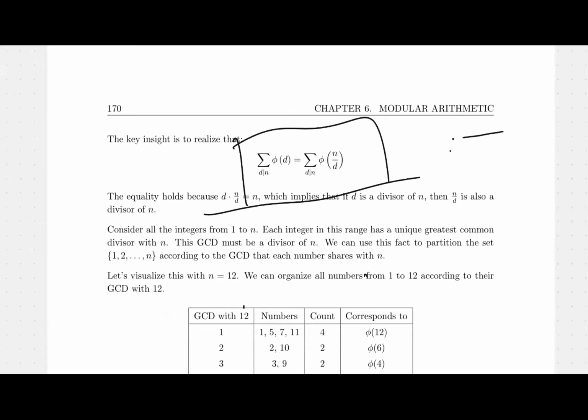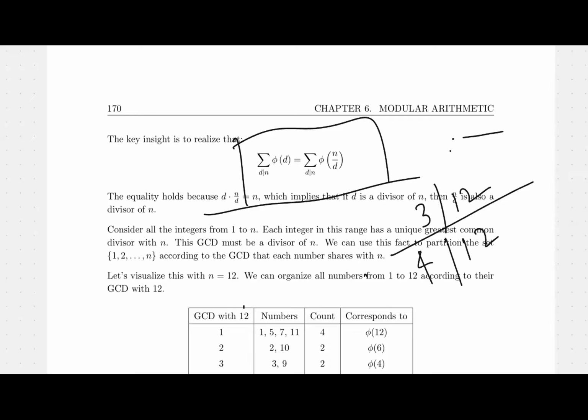If 3 divides 12, then 12 by 3 also divides 12. What is the quotient? The quotient is 4. So 4 also divides 12.